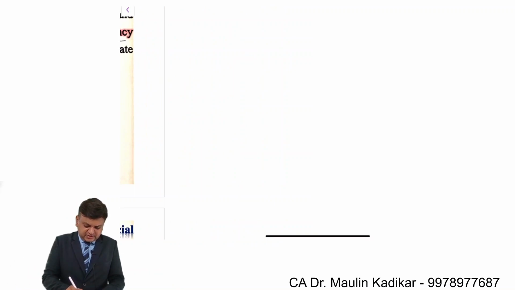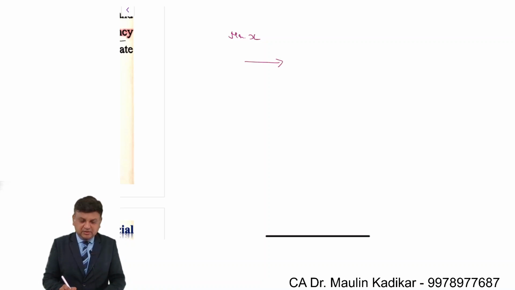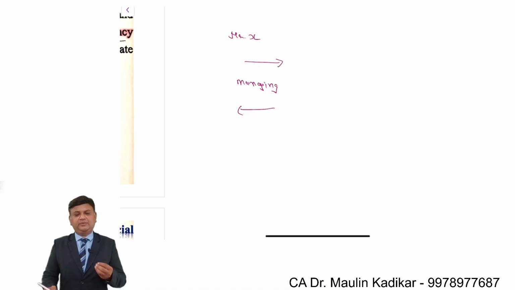Let us assume that Mr. X is the owner of a business. So he is investing the funds, he is managing the funds, and he is getting the return. So of course he is going to do the best work. There is no doubt about it.